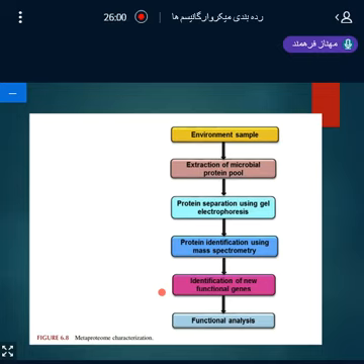Identification of new functional genes is very important in the metaproteomics technique. And finally we have functional analysis. For investigating microbial functional diversity, we can use the metaproteomics technique. Okay, if you have any question, you can ask.